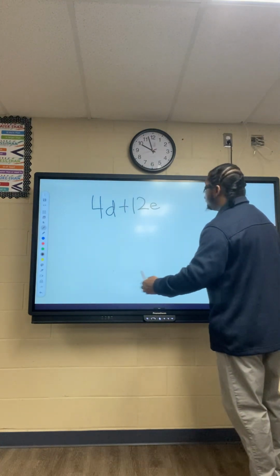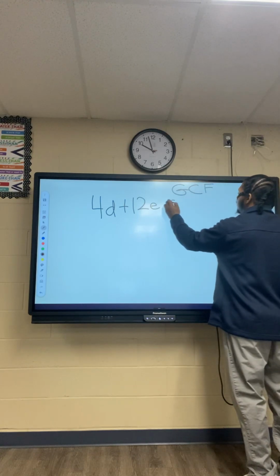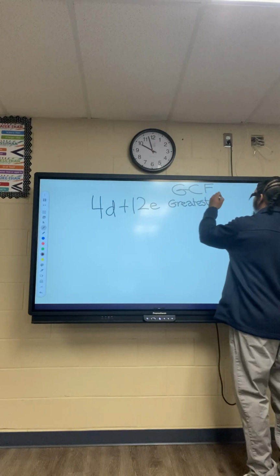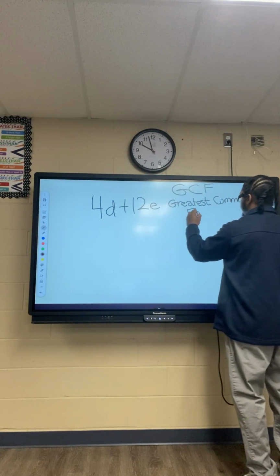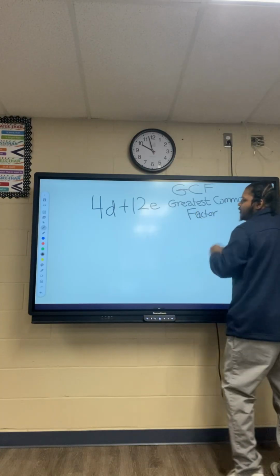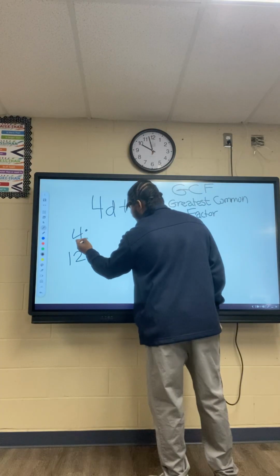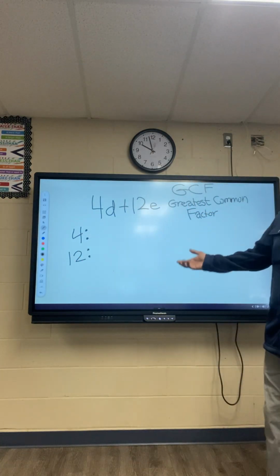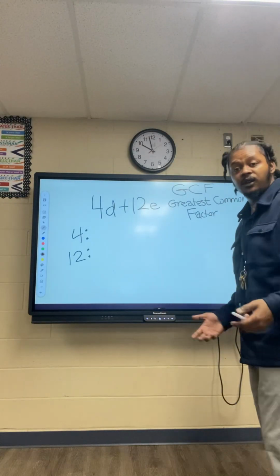So here's how we do that. GCF. So what I like to do is I would like to write the smaller number here, the bigger number here, and I like to list those numbers that you can multiply together to get 4, and numbers that you can multiply together to get 12, okay?